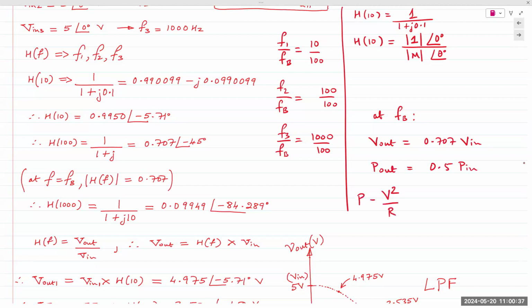Because power P is given by the equation V square over R. When you calculate that, V out, the voltage at the output drops to 70% of the input, but the power at the output drops to 50% of the input power. Hence, FB is also known as the half power frequency.